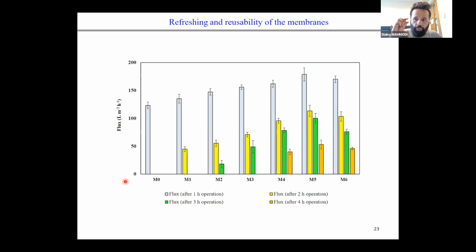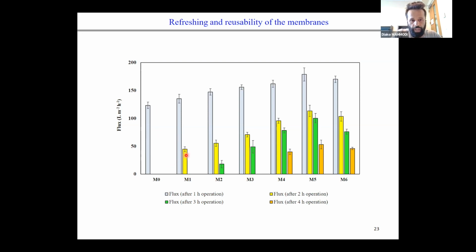But we got a negligible amount of permeate or pure water. That's why we could just run it for 1 hour continuously.